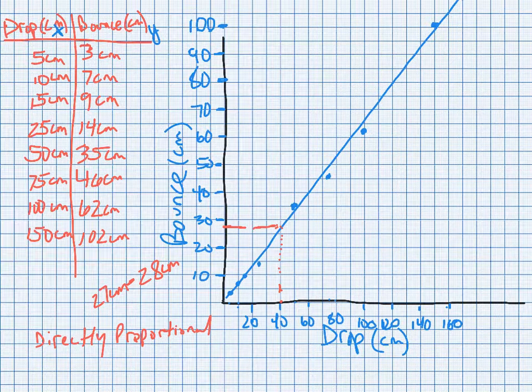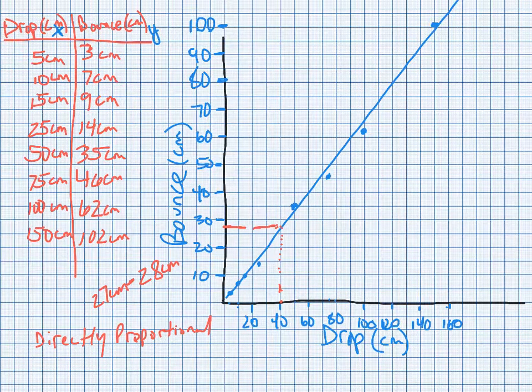Now, what if I were to ask this question? What if I had a bounce height of, I don't know, maybe 80? If it bounced to 80 centimeters, then what would be the drop height required for that? Okay, so if I have a bounce of 80 centimeters, I want to know how high it has to be dropped from to make that happen.